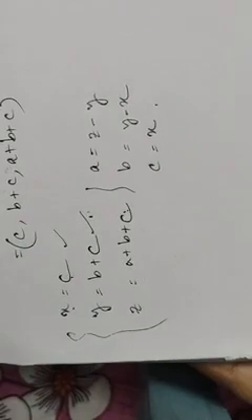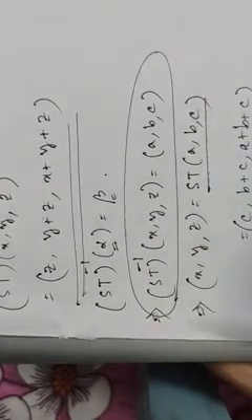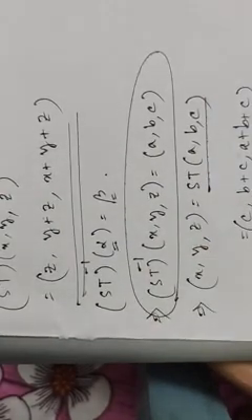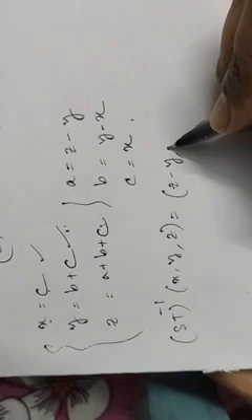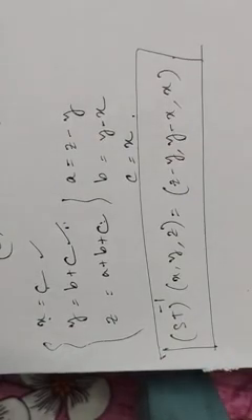So we get the values of a, b, c. That means from this line we can write, (ST) whole inverse of (x, y, z) equals (a, b, c), putting these values. That means (z minus y, y minus x, x). So this is the required rule for (ST) whole inverse.